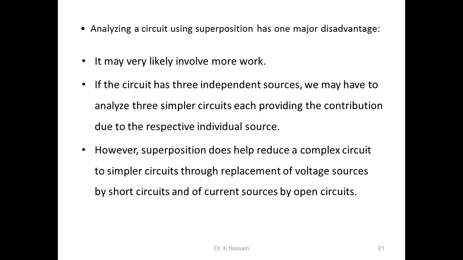However, superposition does help reduce a complex circuit to a simple circuit. That is the main advantage here, because it is simplifying and then finding the values. The replacement of a voltage source by a short circuit, and of current sources by an open circuit, is what we do.